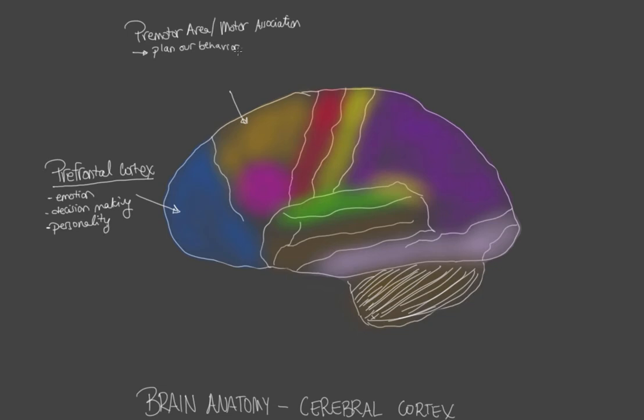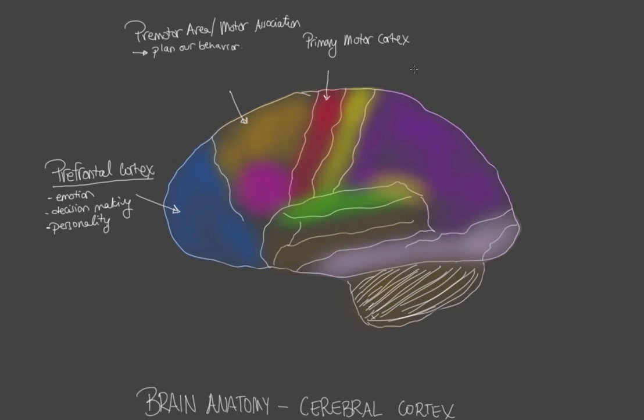Once this is determined, then this information is transmitted to yet another region in the frontal lobe as well, that we call the primary motor cortex. And this is the part that is going to execute your movements.